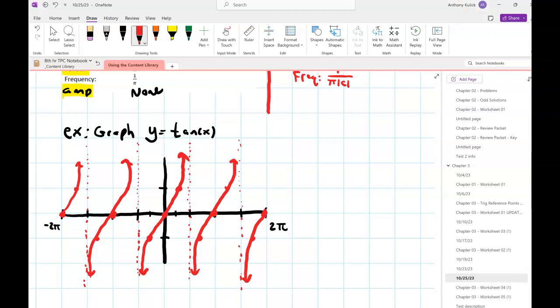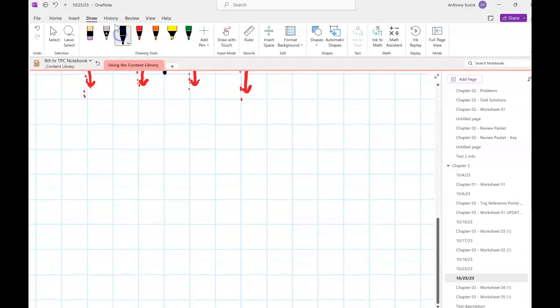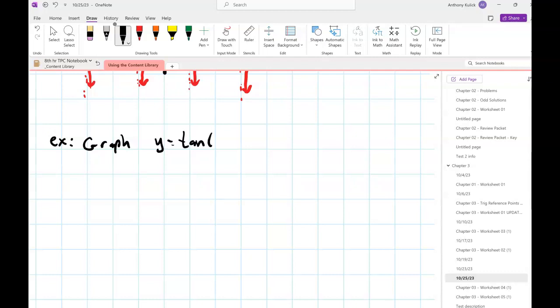So if I wanted to graph a transformation of this, I might do something like, let's just say we want to graph y equals tan of 2x minus 1.